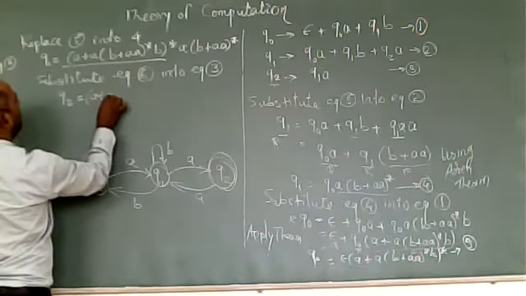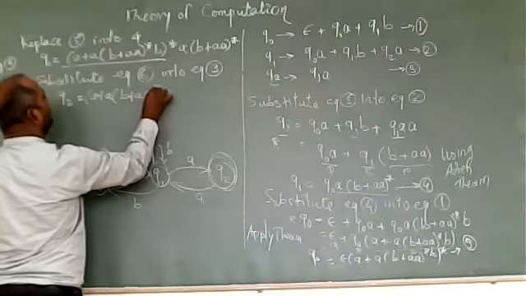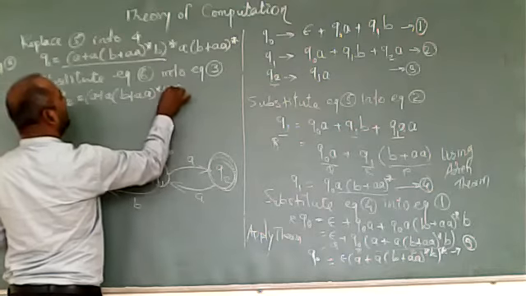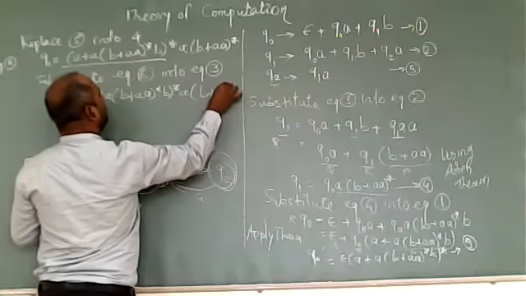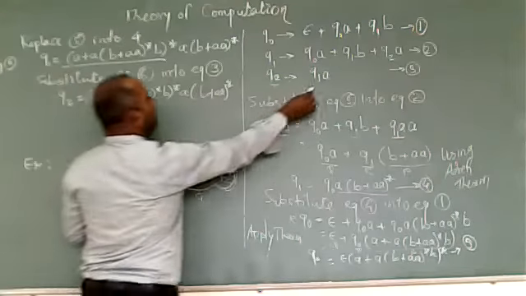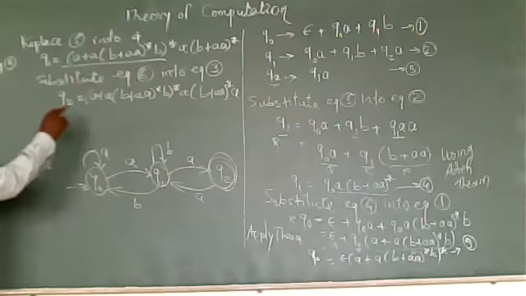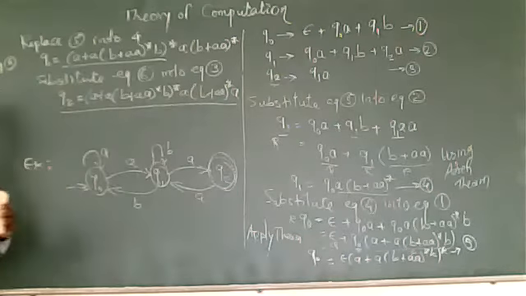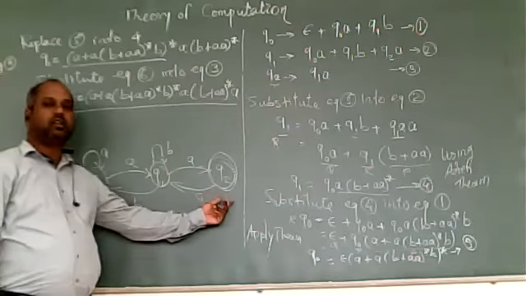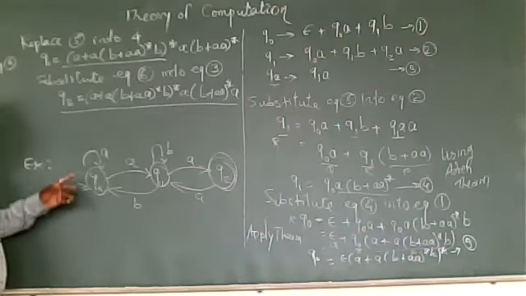So Q2 is this complete expression followed by A. This is the equation for Q2. And what is our requirement? Our job is to find the regular expression for Q2, because Q2 is the final step. So this is the way.